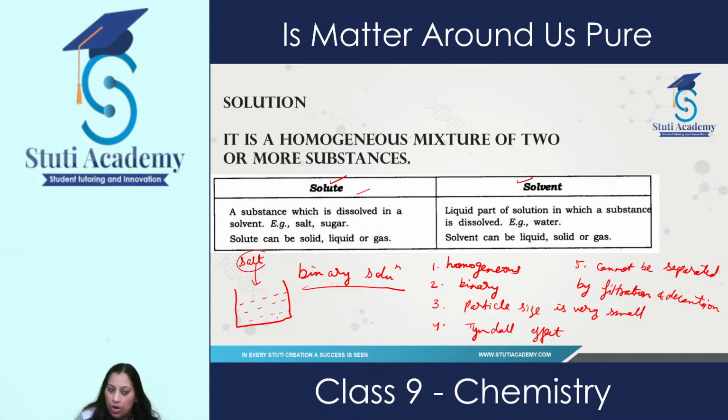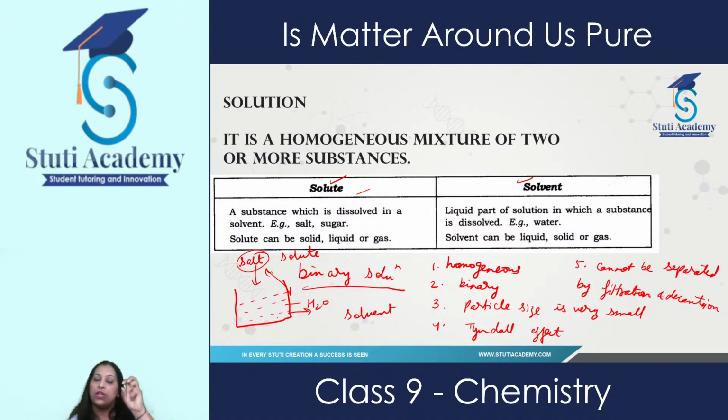The substance which is dissolved is known as solute, whose amount is minimum, and the substance whose amount is maximum is known as solvent. So in this case, water is the solvent. And when salt and water mix together, they form a solution. So these are the two components of a solution.